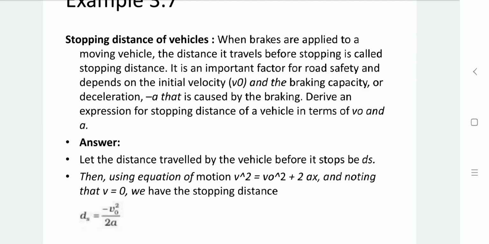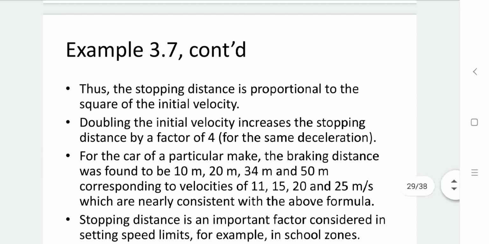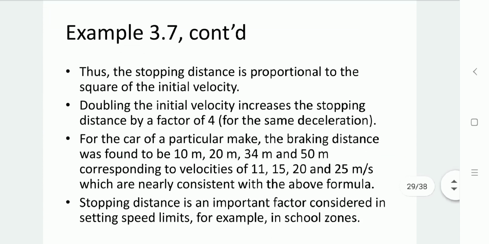For a car of a particular make, the braking distances were found to be 10 meter, 20 meter, 34 meter and 50 meter for the velocities 11 meter per second, 15 meter per second, 20 meter per second and 25 meters per second. So here we are able to get a nearly consistent formula.